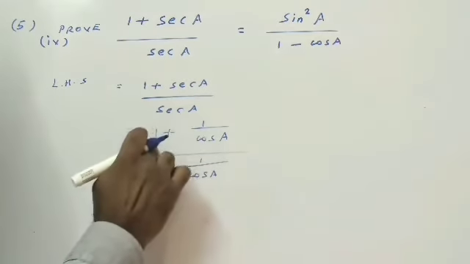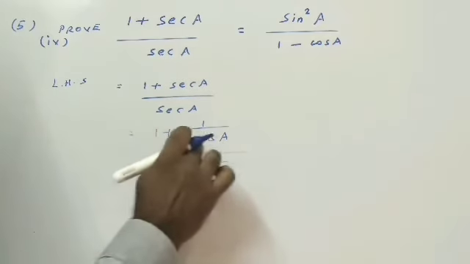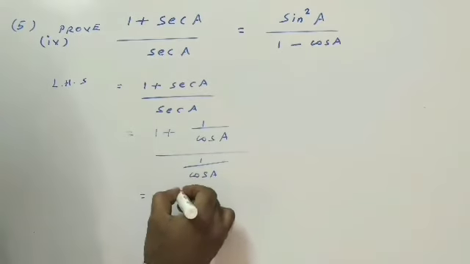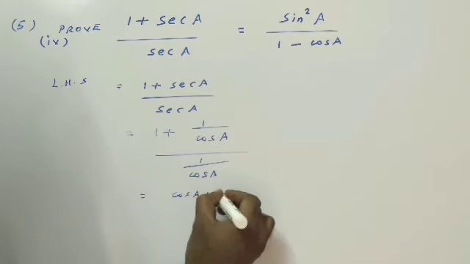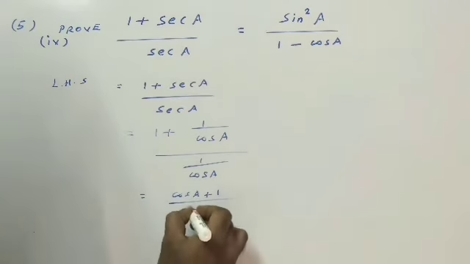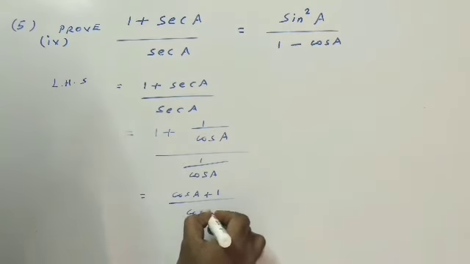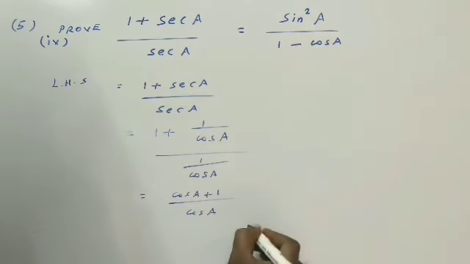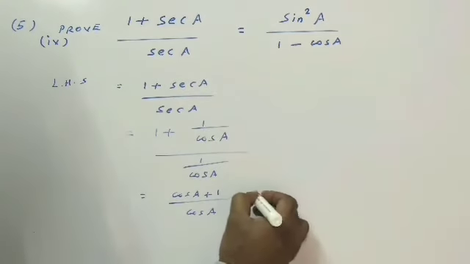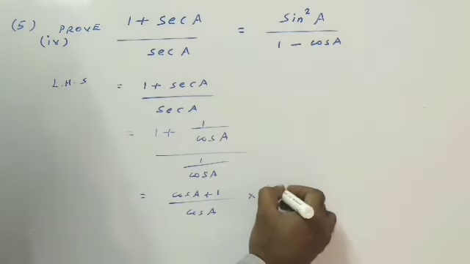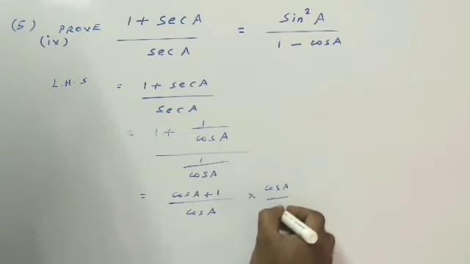This is a fraction, this is a whole number, just cross multiply. 1 into cos A plus 1 by cos A, divided by 1 by cos A. Now reciprocal of this gives cos A divided by 1.